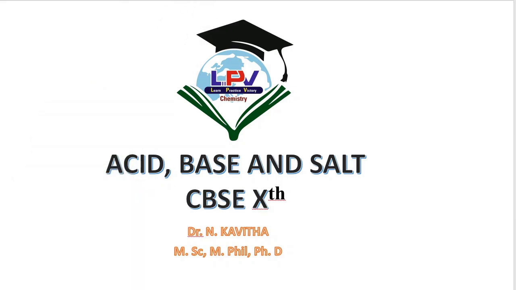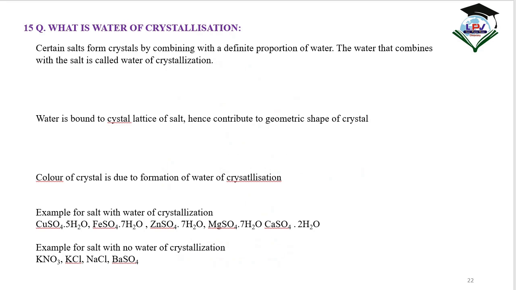Students, we are going to see what is water of crystallization. Water of crystallization is when certain salts form crystals by combining with a definite proportion of water. Let's say copper sulfate, CuSO4·5H2O.